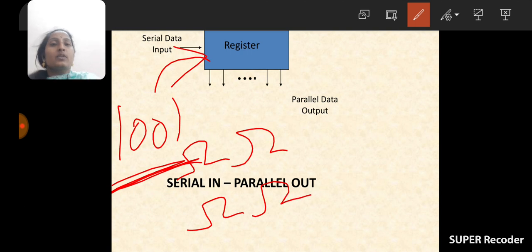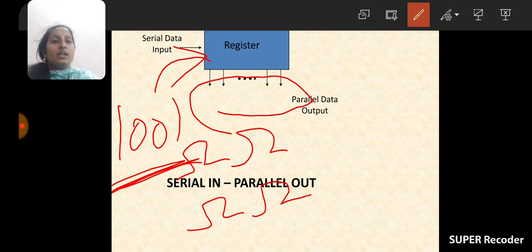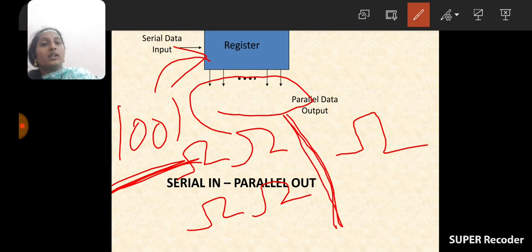After application of 4 clock pulses, the whole data is entered into the register. But while receiving the data, all the bits must be received at the same time for a single clock pulse. How many clock pulses are required to enter the data? If n bits are there, n clock pulses.